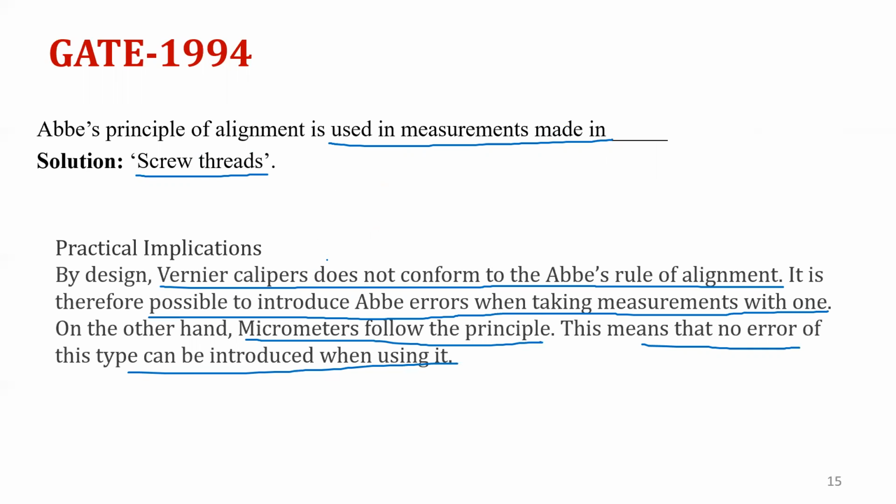But the vernier calipers do not conform to Abbe's rule of alignment, so that introduces Abbe's error. So Abbe's principle is used in micrometers, not in the vernier calipers.